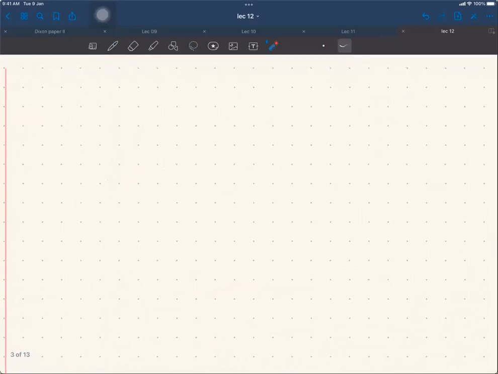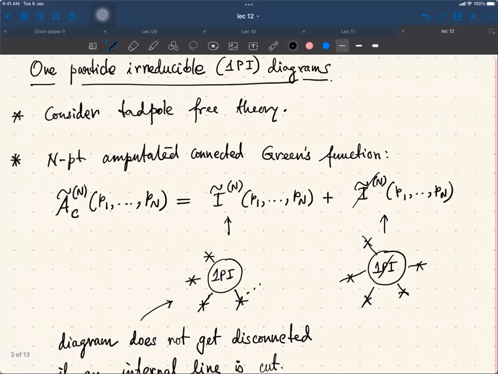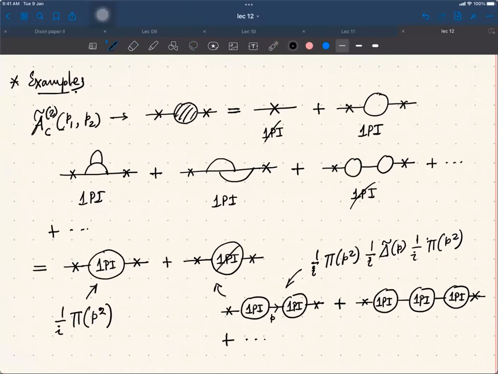If you consider the connected Green's function, G tilde C of P, this corresponds to the connected two-point function, which is basically obtained by taking the amputated diagram, this one, and attaching the two external lines.